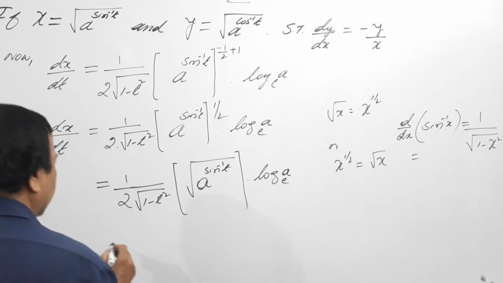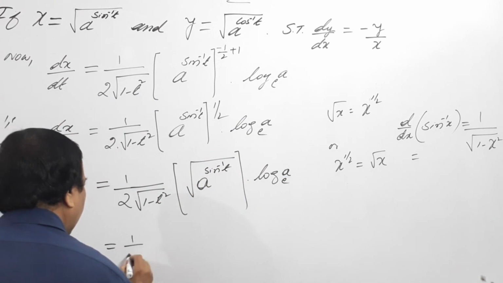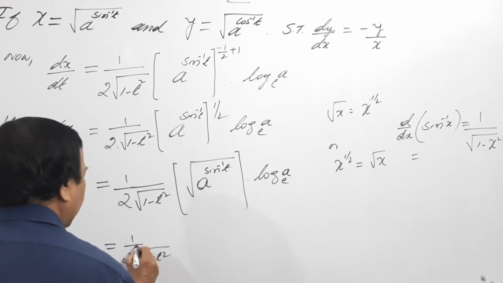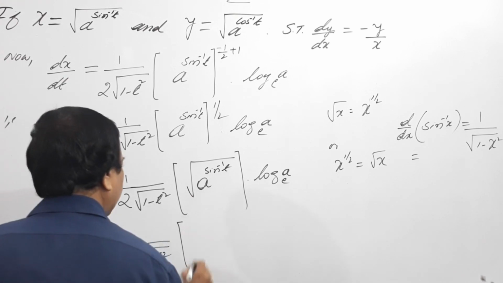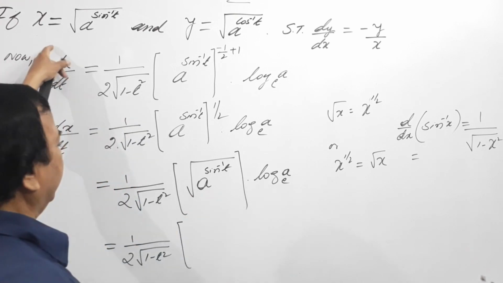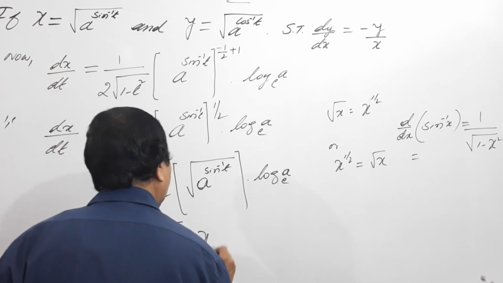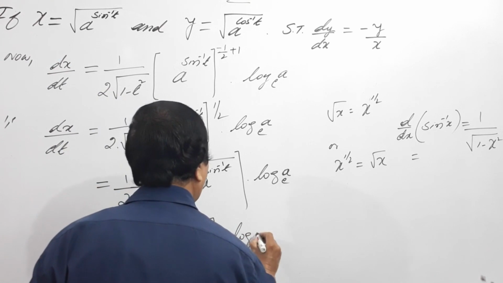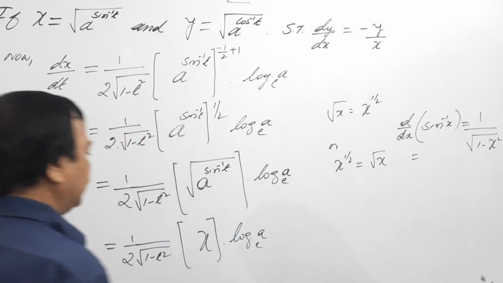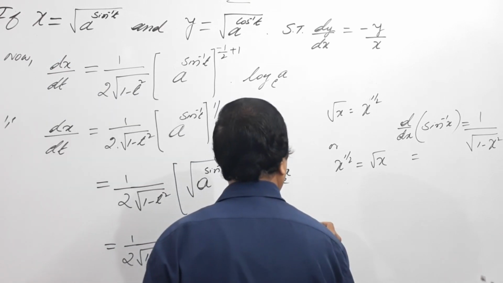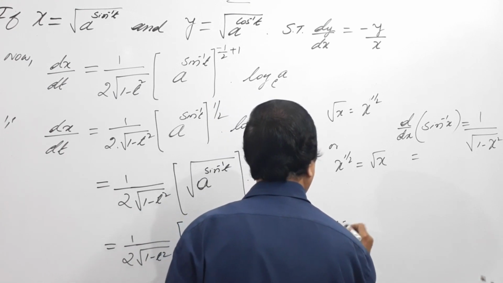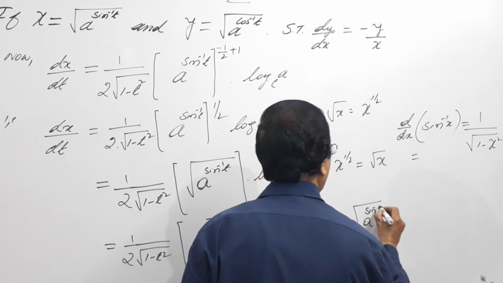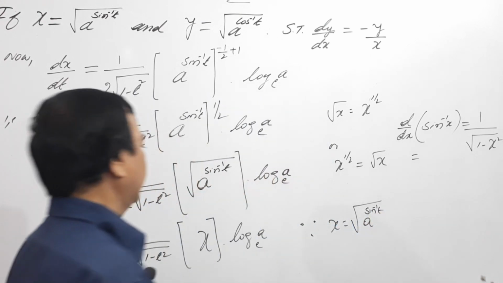And what is this? Half into 1 minus t square. This becomes nothing but x into log a to base c, since x equals under the root a to the power of sin inverse t.